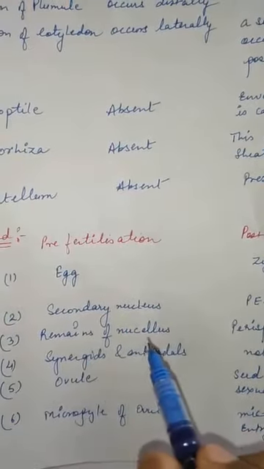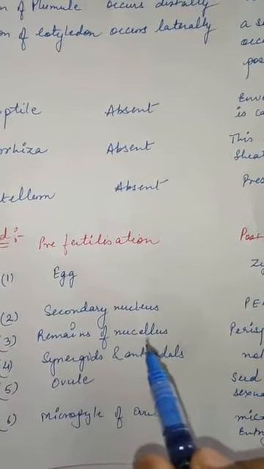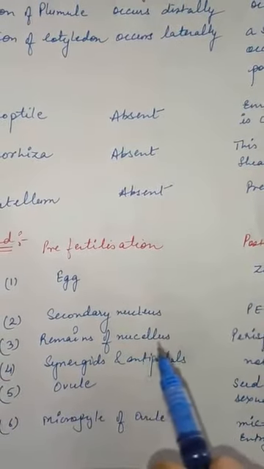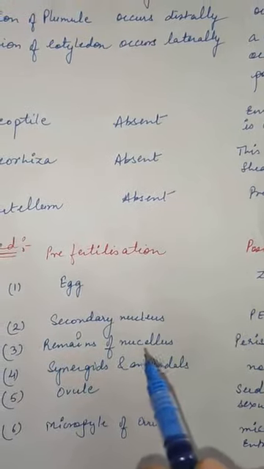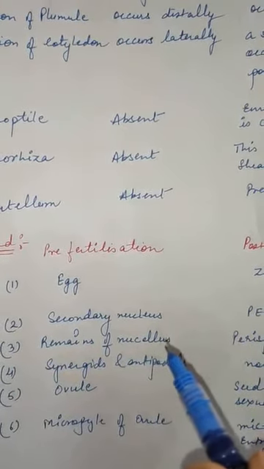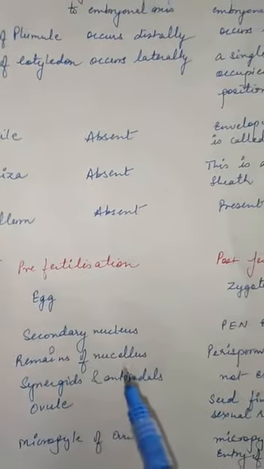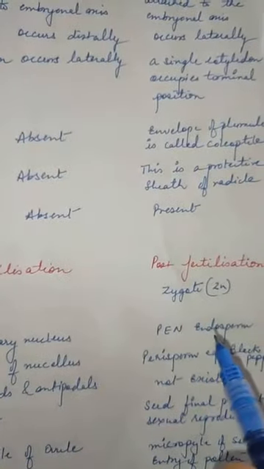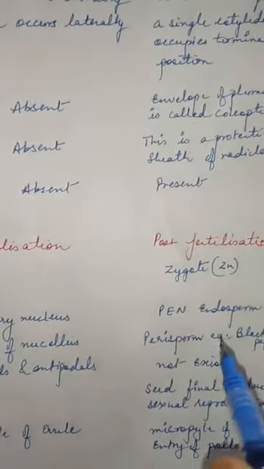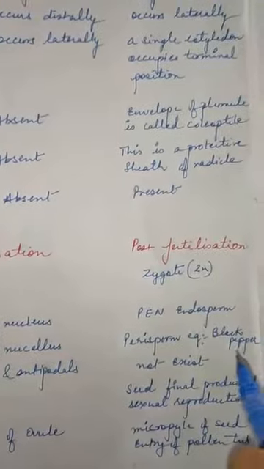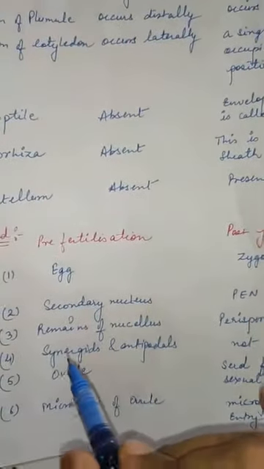Remains of the nucellus, right? The nucellus is diploid, याद आया? Nucellus nourishment के लिए था. So the remains of the nucellus will convert into perisperm, and the example is black pepper.